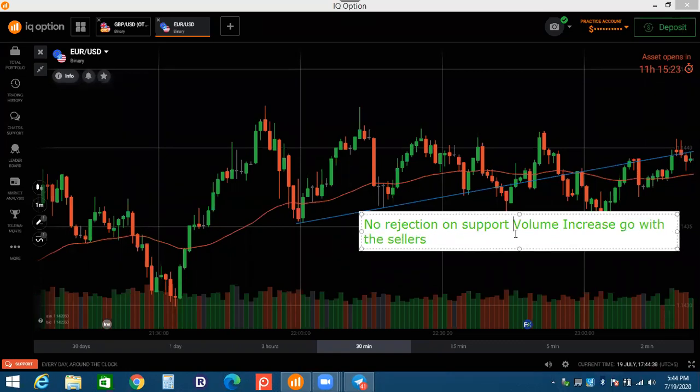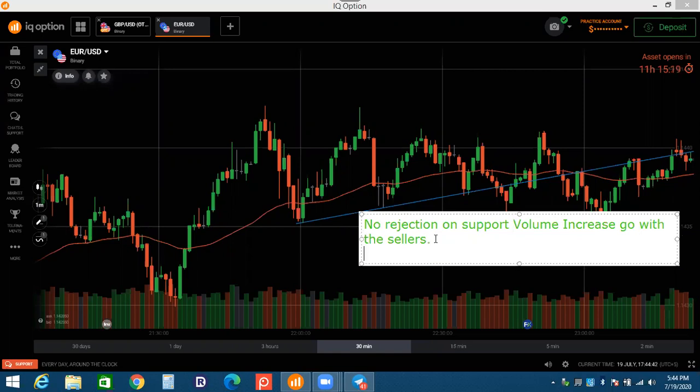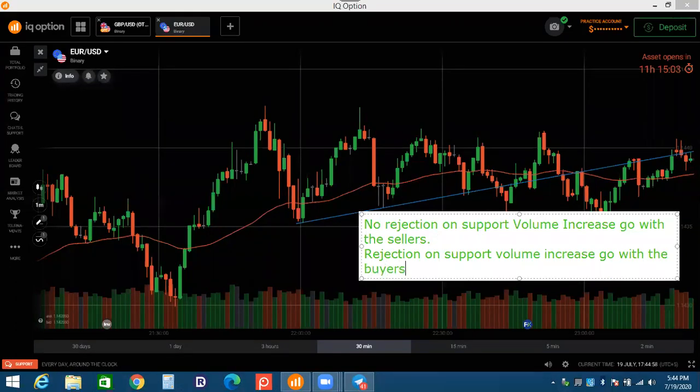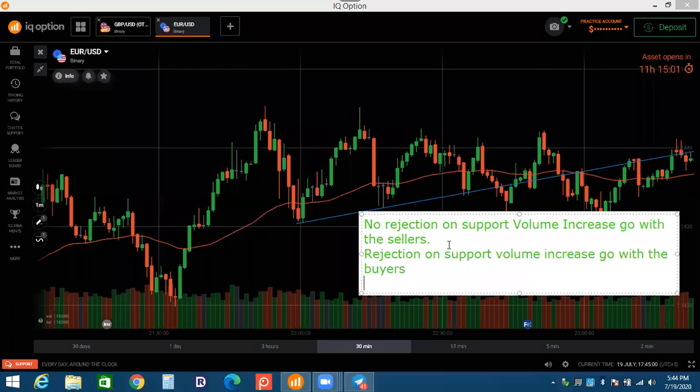No rejection on support, volume increase, go with the sellers. Rejection on support, volume increase, go with the buyers.